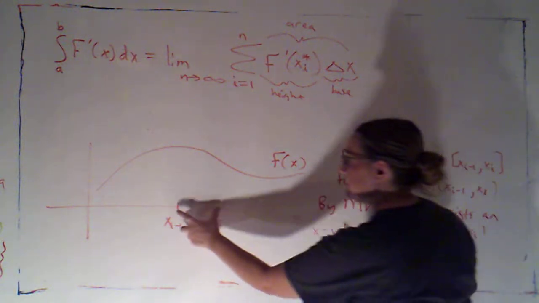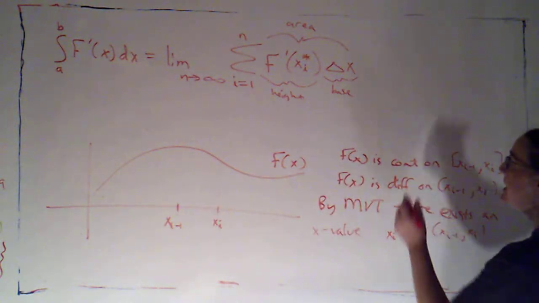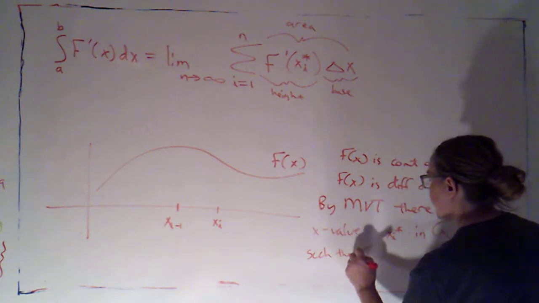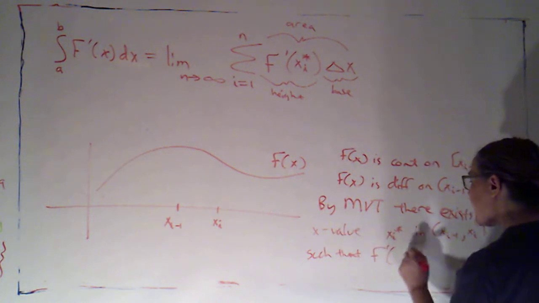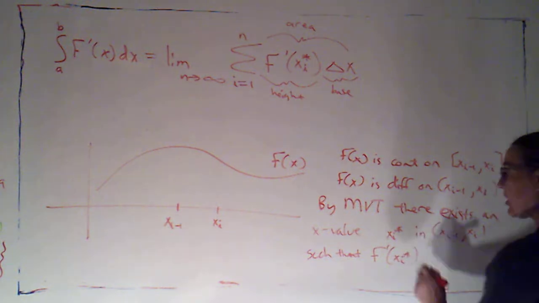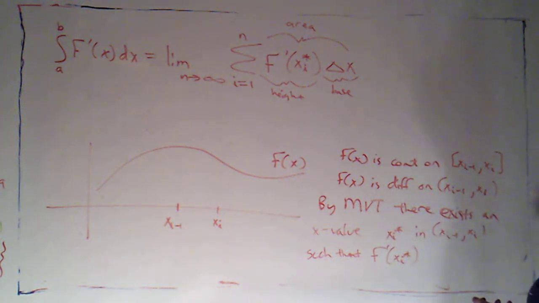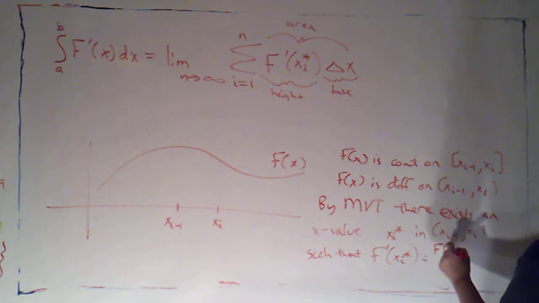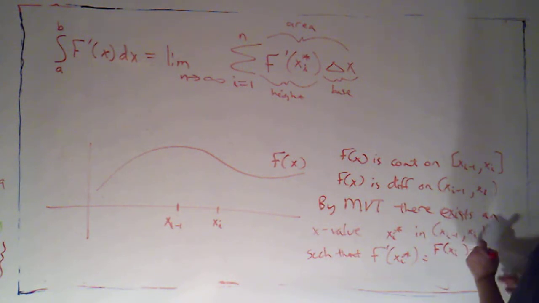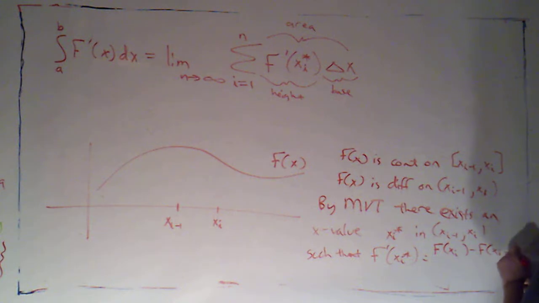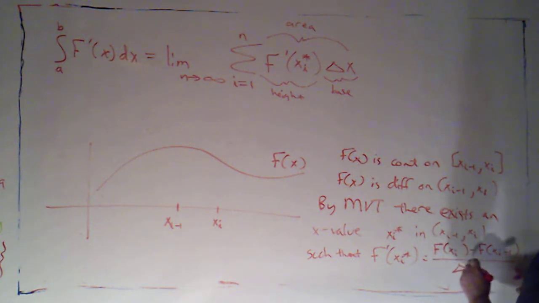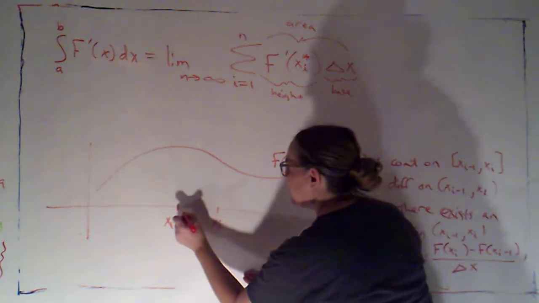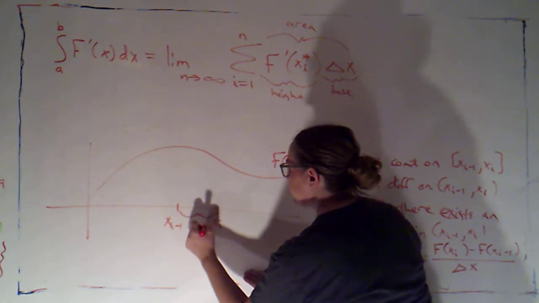So somewhere in this subinterval there's an x value such that F prime at xi star, which would be the slope of the tangent line there, is equal to F of x sub i minus F of x sub i minus 1 all over delta x, which would be the length of this subinterval here.